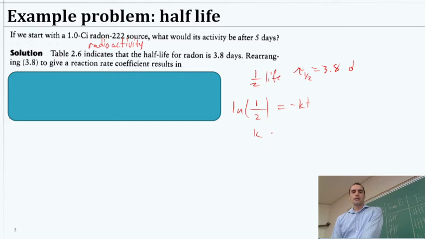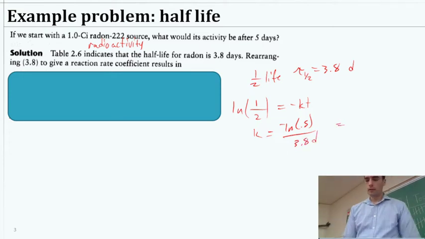So k then is going to be equal to the natural log of 0.5 times -1 divided by that 3.8 days.